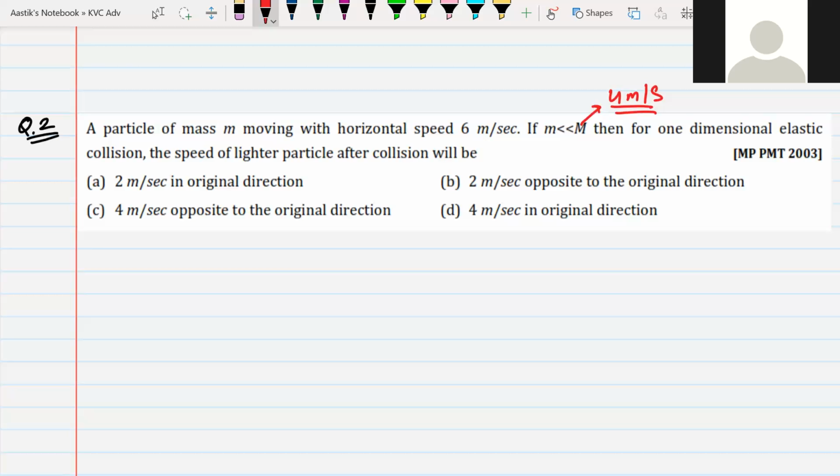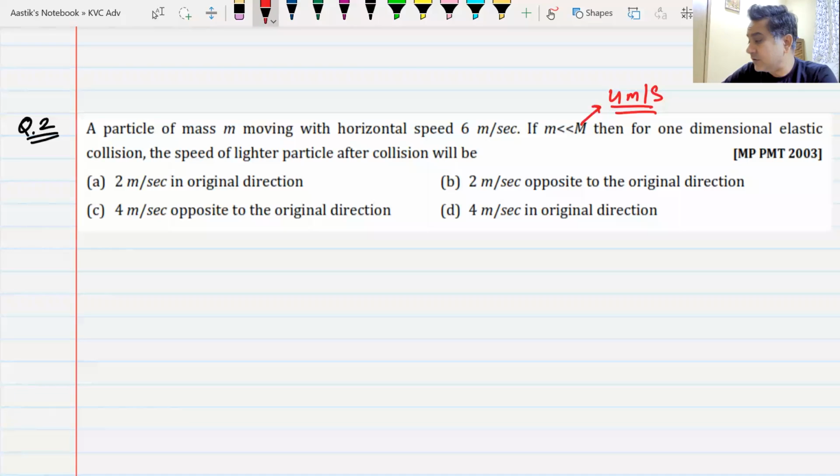No one with an answer. One more thing you must remember, both are moving in the same direction. A, 2 meter per second in the original direction.